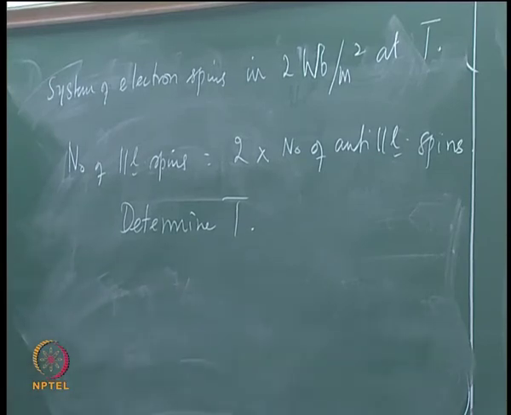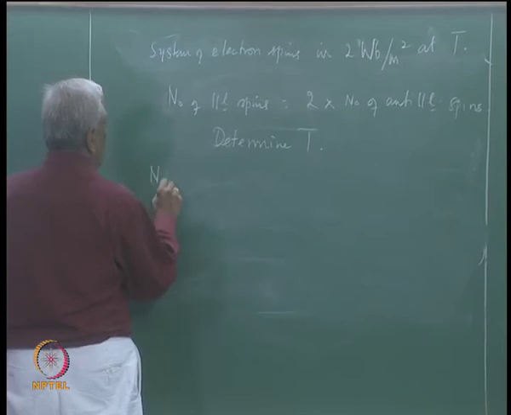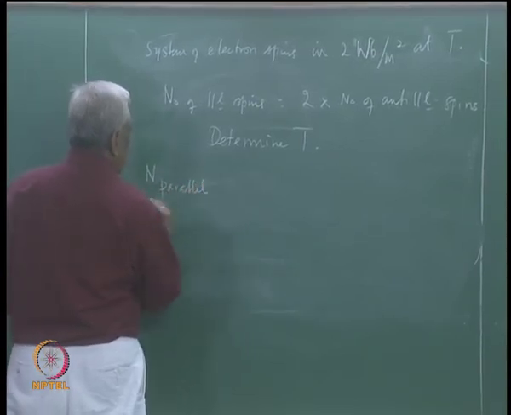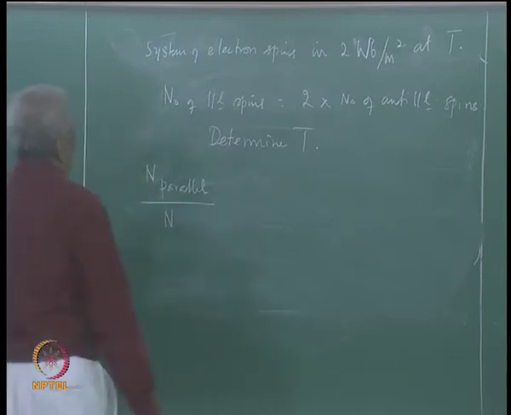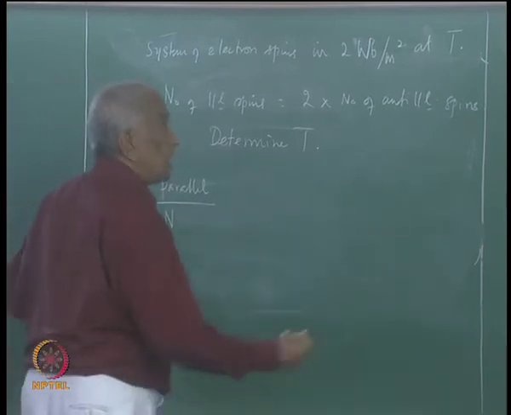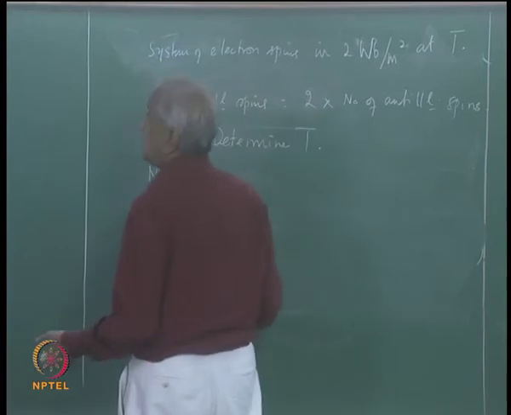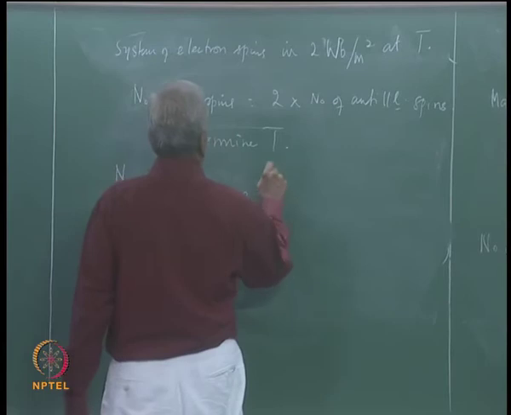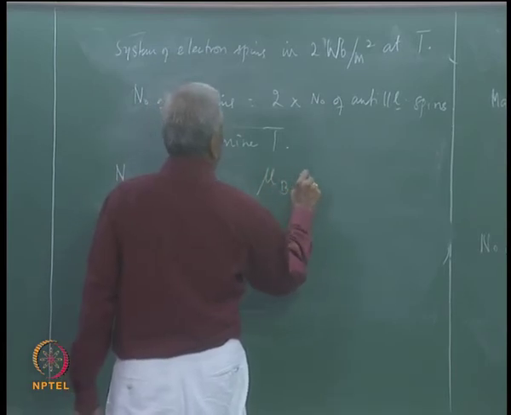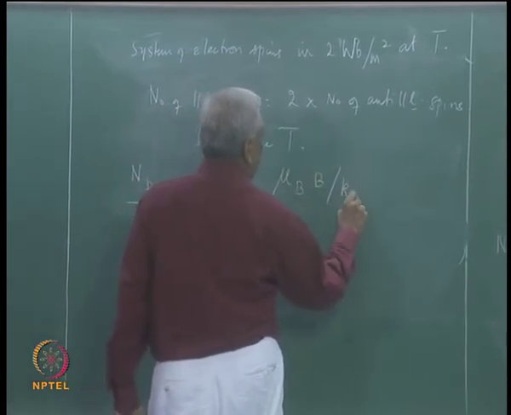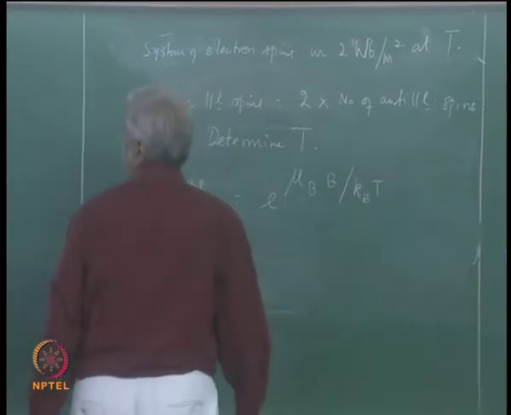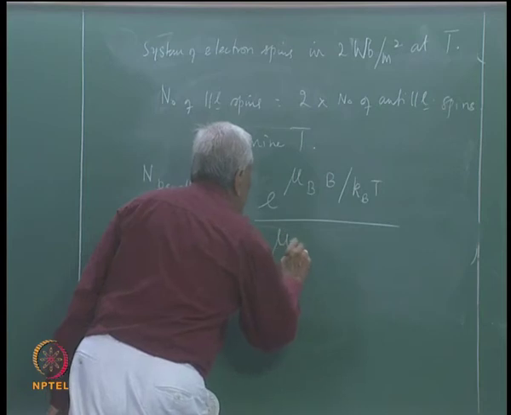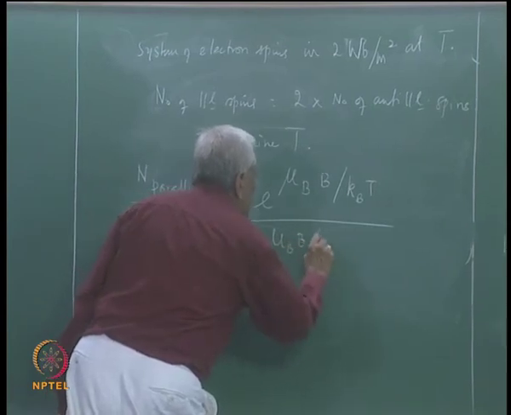So, let us write down the expression for the number of parallel spins, the ratio of the number of parallel spins to the total number of spins, and that is given by, because this is the ground state, so it will be proportional to exponential of mu B B by kT.